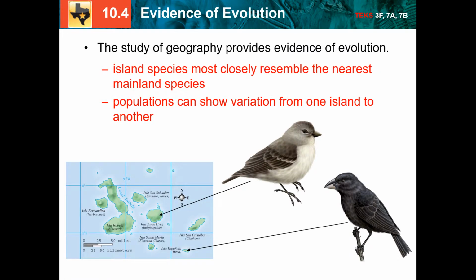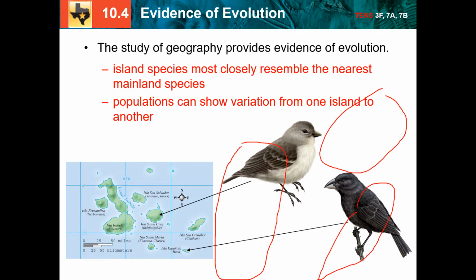All right, another evidence for evolution is going to be the study of geography. Say we have these island species, and we have some sort of landmass here, and we'll call it a continent, and we have another continent here. The species that you find on these islands are going to be more similar to the species on the nearby continent.